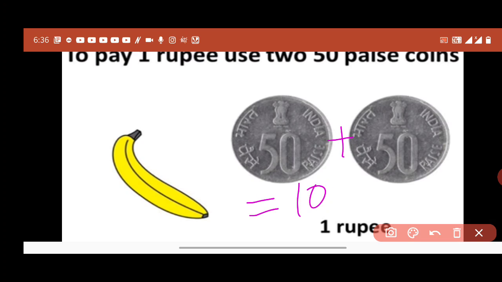It is equal to 100 paise. So, if I take three 50 paise coins, then that will equal 1 rupee 50 paisa. Because two 50 paisa means 100 paisa. With that, if you take one more 50 paisa, it becomes 1 rupee 50 paisa.